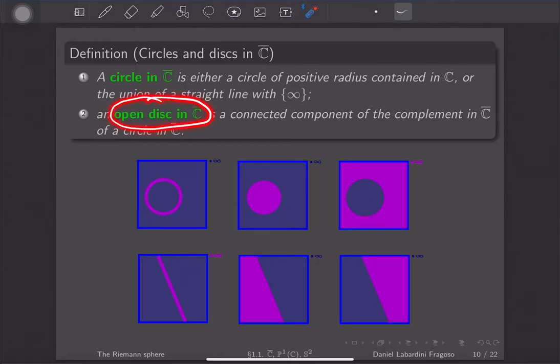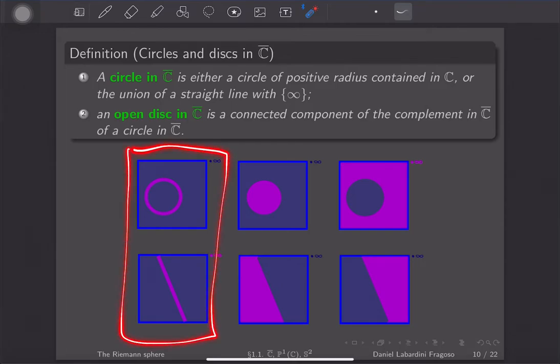And the notion of open disk. If you take a circle in C bar, you can see in either of the two cases that it splits C bar into two. In other words, when you take the complement of the circle in C bar, that complement has two connected components.